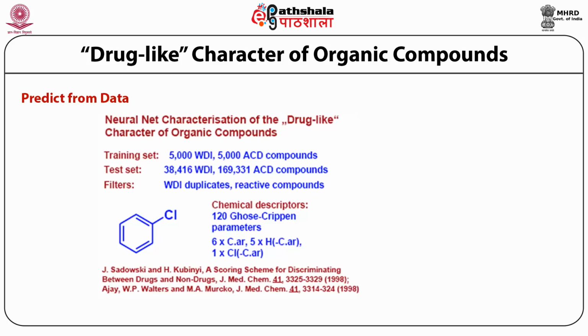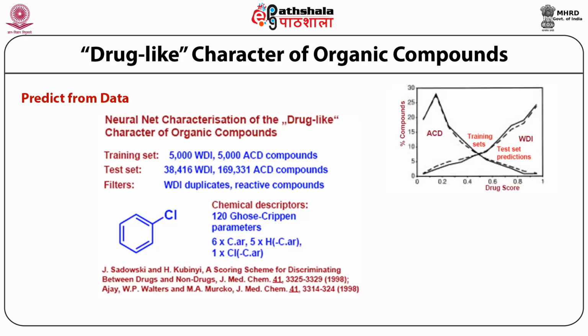They also took a set of compounds from the already known World Drug Dictionary, the World Drug Index. They filtered out the duplicates between these, and filtered out the reactive compounds which are not going to become drugs, and then tried to extract, by artificial neural net characterization, the properties of drug-likeness. The first plot on the top shows they got a wonderful, and expected, result.